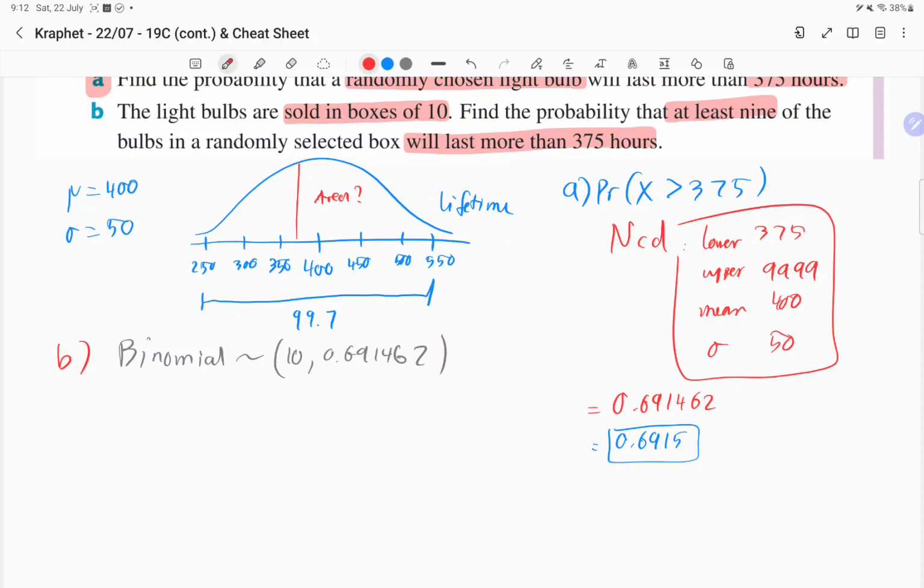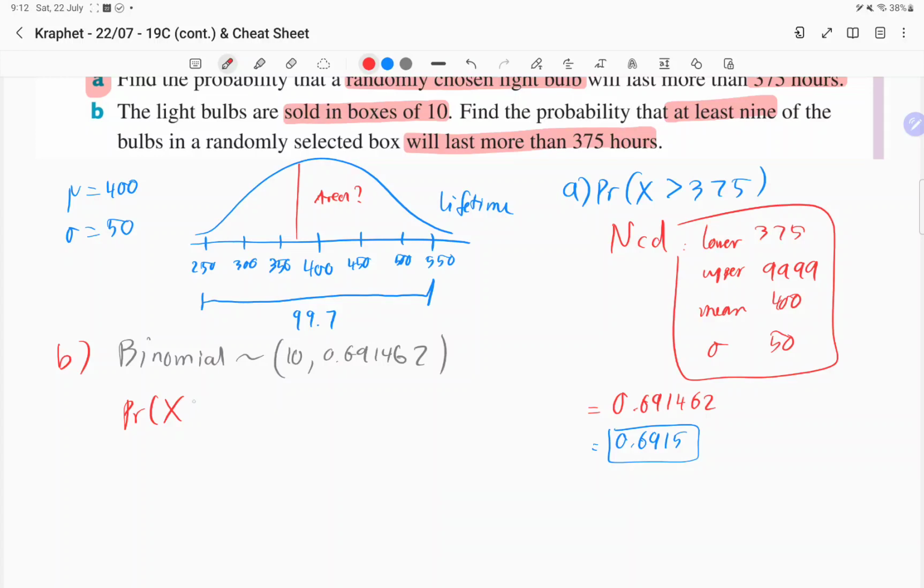And what's the function to do this? This is going to be the probability of at least 9. So it's 1 take away the probability of 9 and the probability of 10.